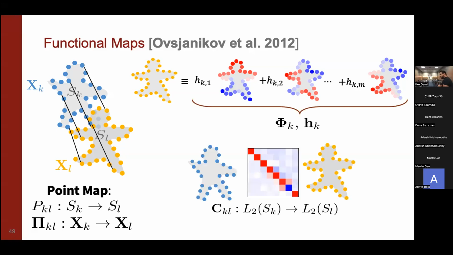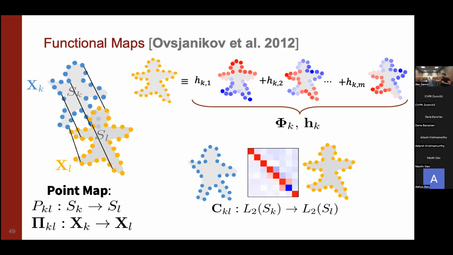The good part about this is that, first of all, it doesn't relate points anymore. It relates rather function to function. So you have to define a function, scalar or whatever field on the shape, and you will relate those with what is called a functional map C now. So instead of a pairwise permutation, now you have a pairwise functional map.